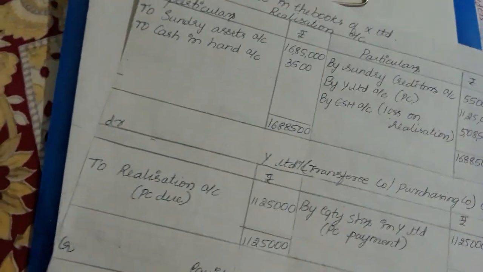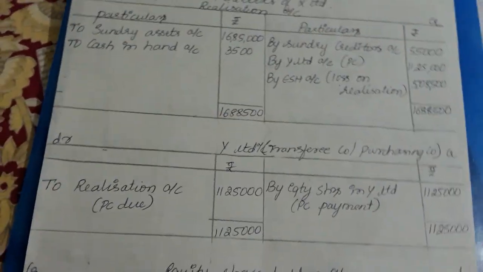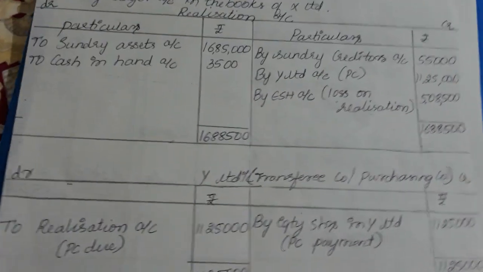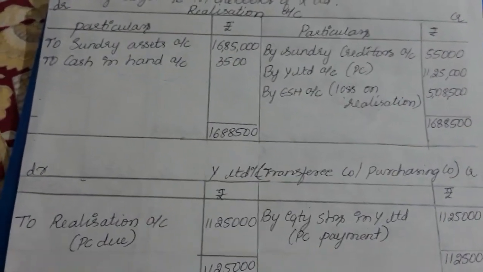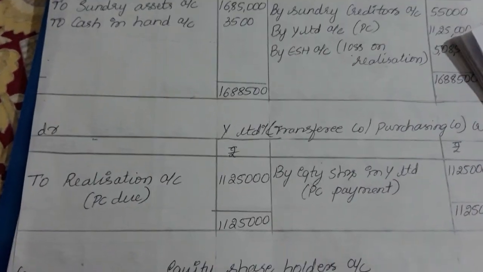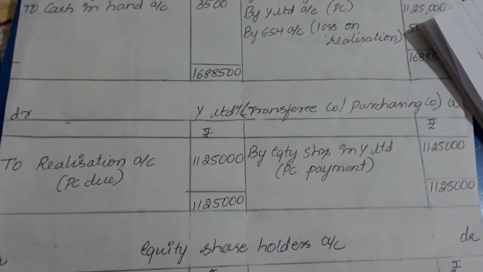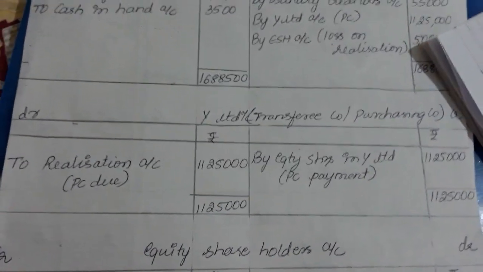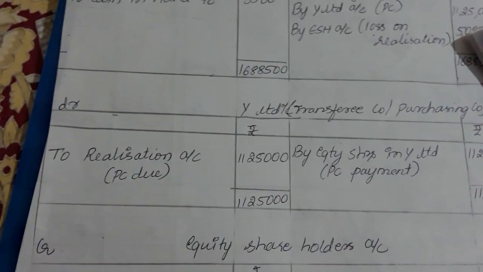So this is all about the closing journal entries in the books of the transferor company. In this problem, as this is the first problem in the case of merger, we will also be passing the closing ledger accounts in the books of the transferor company. We need to prepare realization account, equity shareholders account, preference shareholders account, transferee company account, equity share in transferee company account, preference share in transferee company account and bank account.